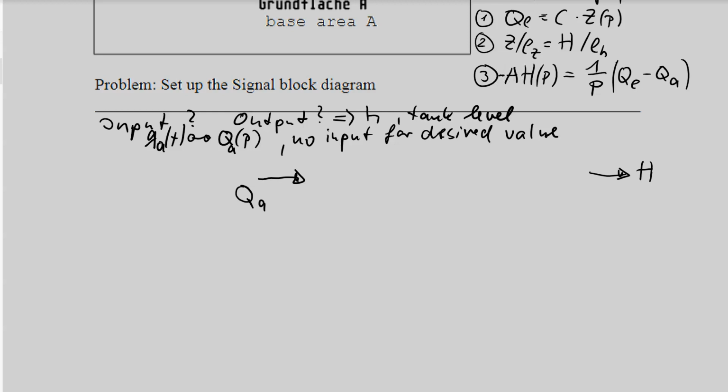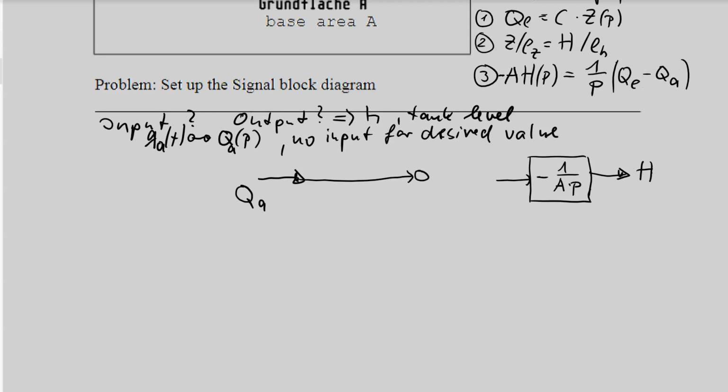H is minus 1 divided by A times p. This is a block function. And the input of this block is the difference of these two flows. One flow is here given as an input, so I can connect directly with the summing point.